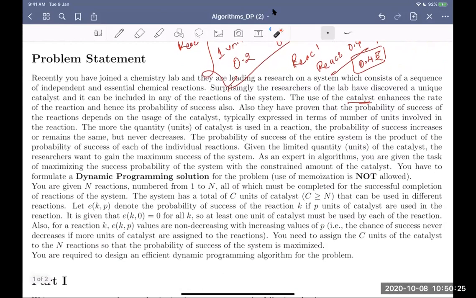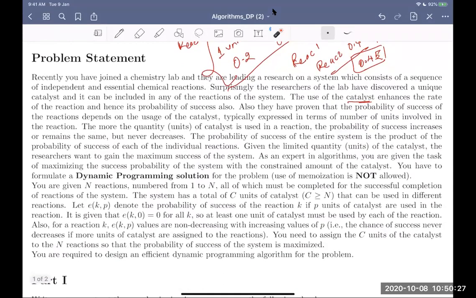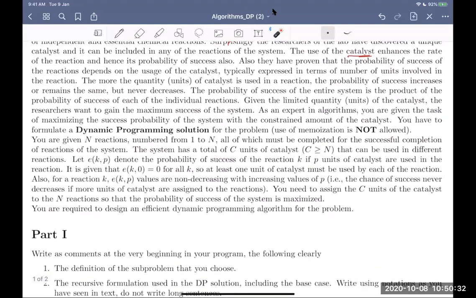So what will be given to you in this problem? You'll be given n reactions. So reactions are 1 to n, reaction 1 to reaction n. And what is also given to you is that you have to complete all the reactions.